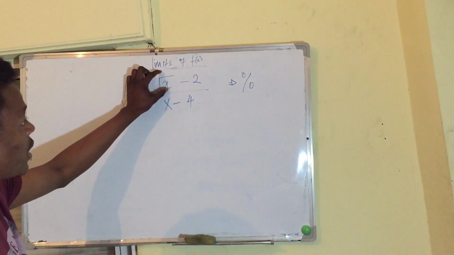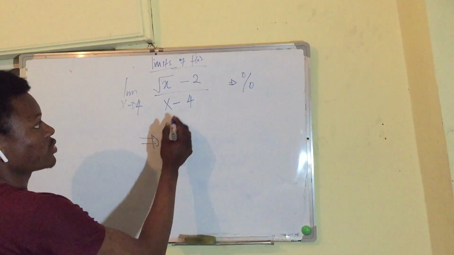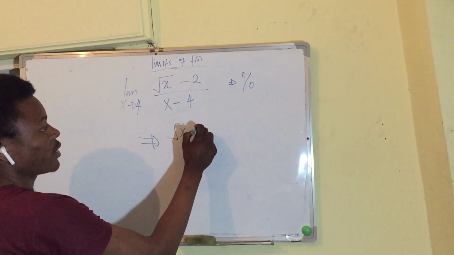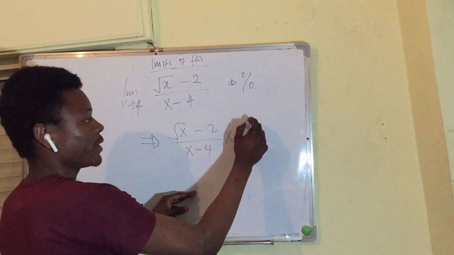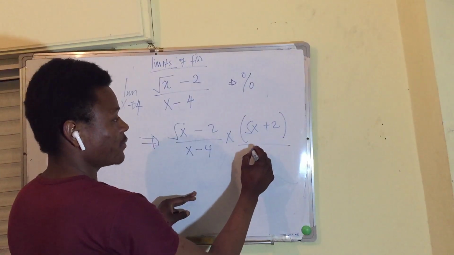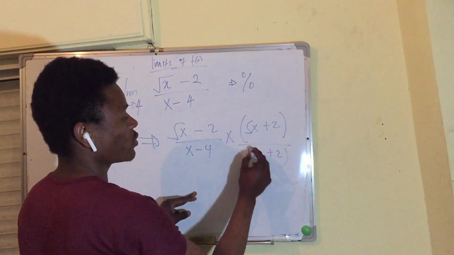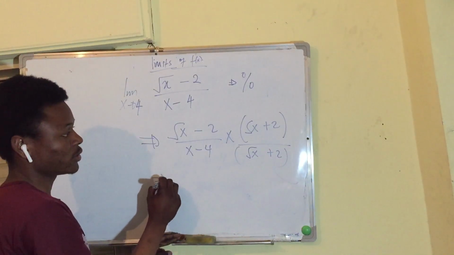So in this case, with the square root, we use conjugation, right? The conjugation is: x minus 2, x minus 4 multiplied by root of x plus 2 and divided by root of x plus 2. This is conjugation, the same as when taking limits and simplifying.